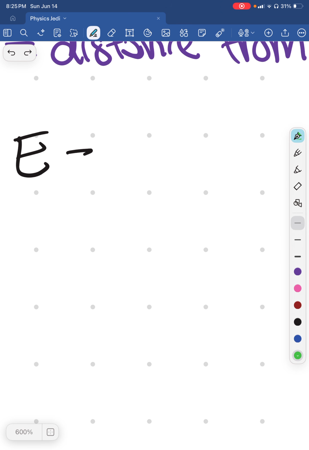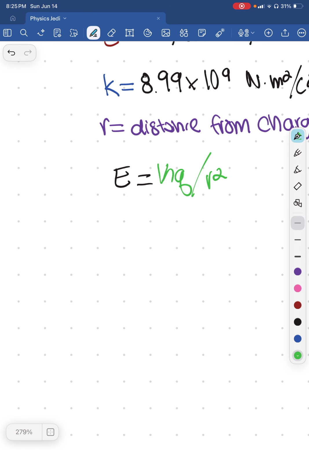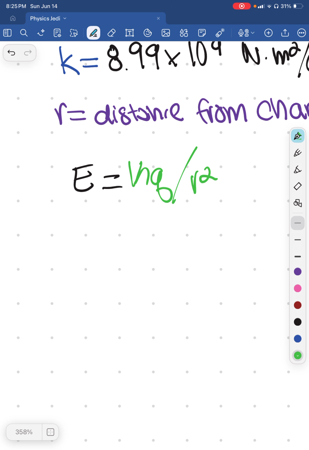E equals KQ divided by r squared. So we are going to not substitute, but solve for one of the variables. We're going to solve for r. I'm going to start with that equation.